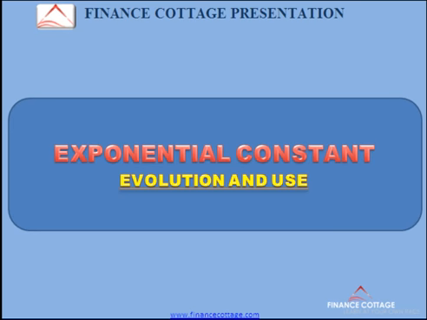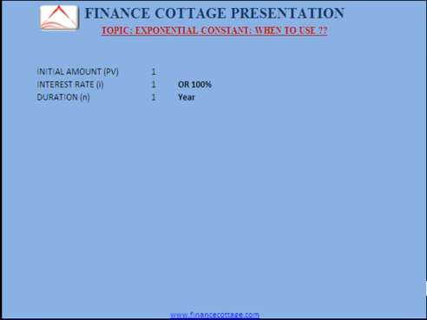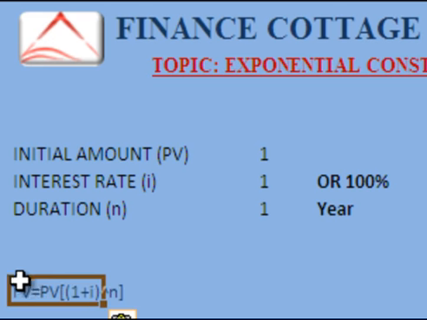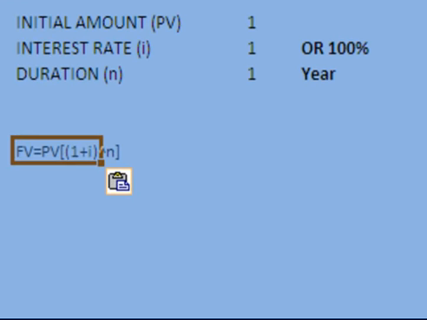To understand the evolution of the value of the exponential constant, let's take an example. Suppose we have an initial amount of money equal to $1 and we want to know what would be its future value after 1 year if we invest this $1 at a compound interest rate of 100%. In that case we need to apply the formula of future value, which is equal to present value multiplied by (1 plus interest rate) raised to the power n.